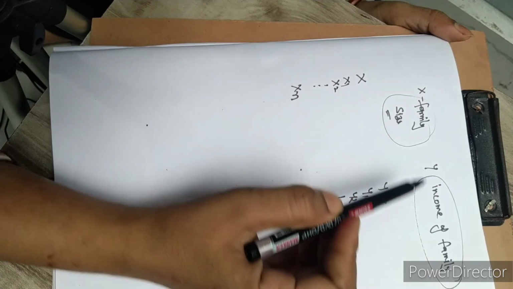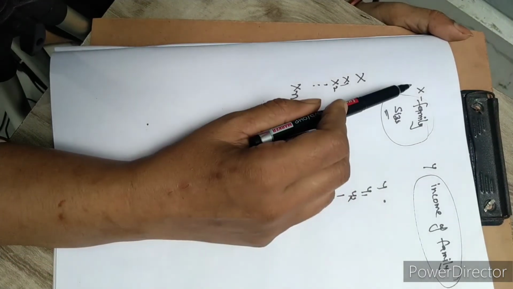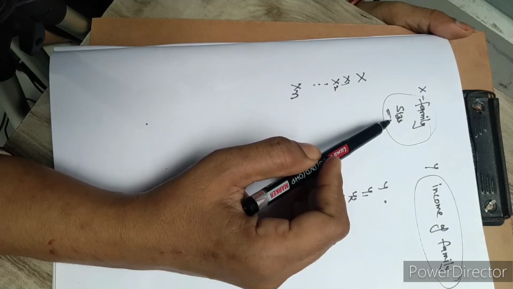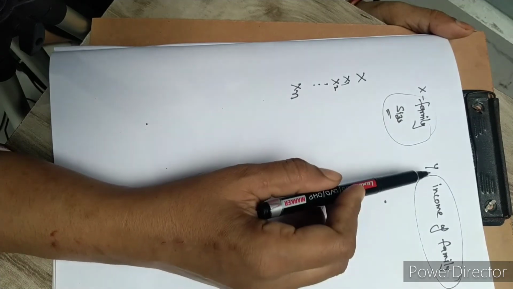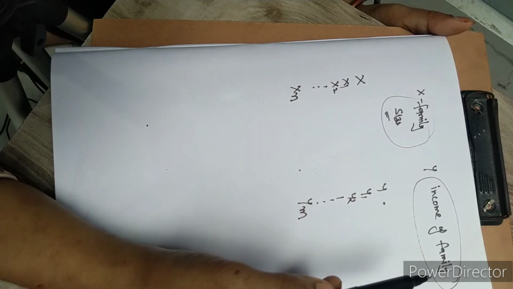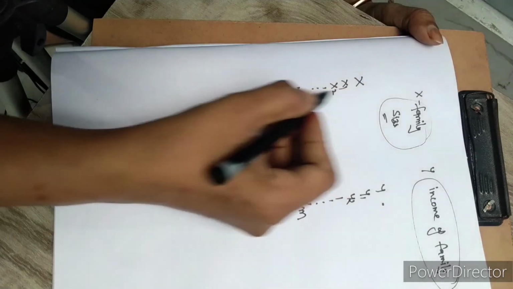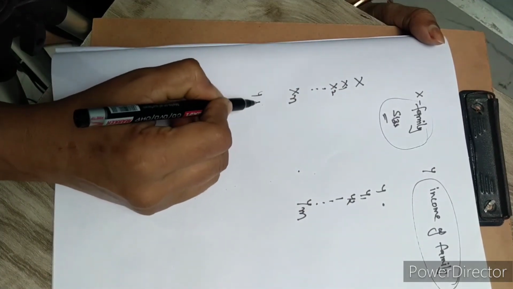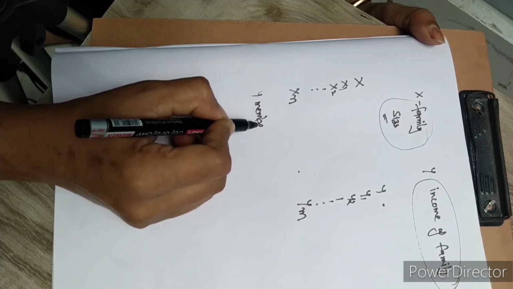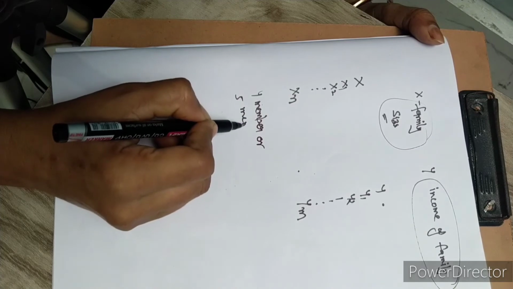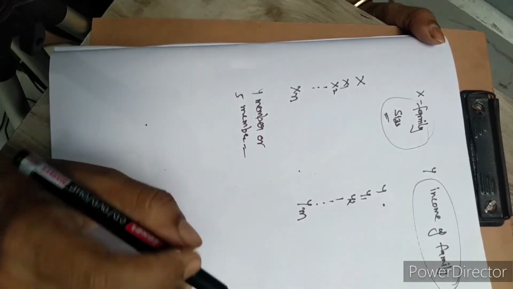There are different types of units of the variables. X is the family size, where the unit is number of members: 1, 2, 3, 4. And in this situation incomes are in thousands, in lakhs. If we calculate the standard deviation of this series, it comes in 4 members or 5 members and so on.